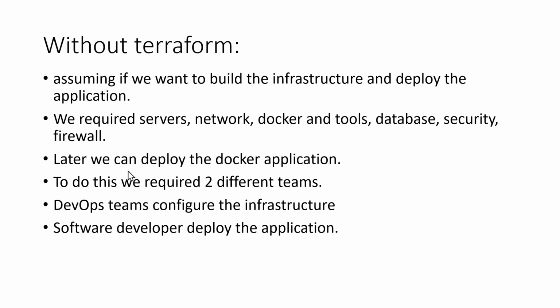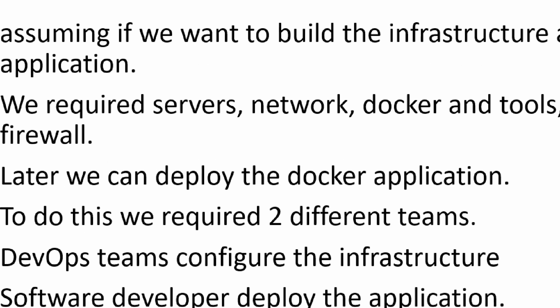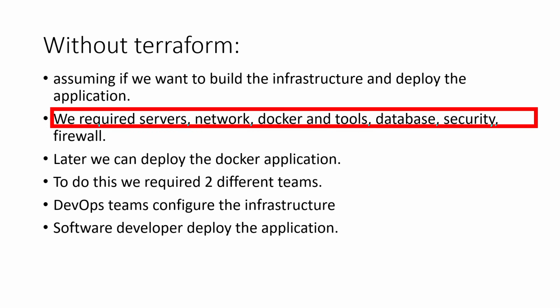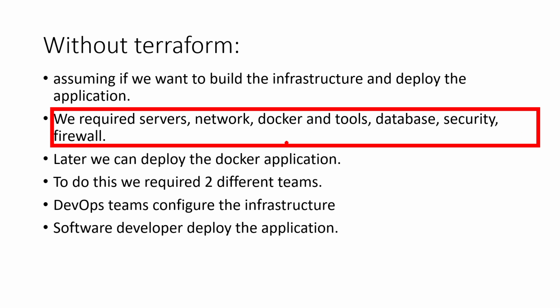Okay. So later we can deploy the Docker application. Once we are all done with all this, we altogether call it the infrastructure. So once all this infrastructure is configured and ready to be used by the SRE, that is site reliability engineer, the deployment process will later be taken care of by the other team.